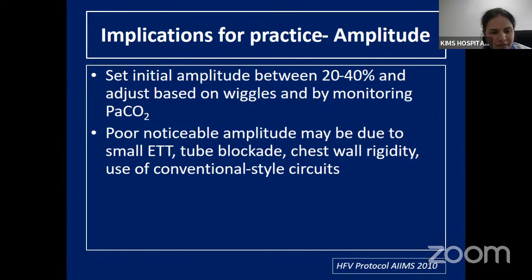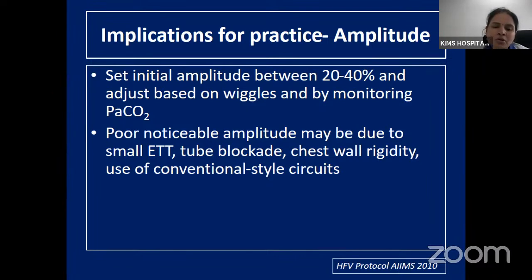Now, despite setting the right amplitude, we may sometimes see poorly noticeable wiggles, and this can be due to other technical aspects like a small diameter of the endotracheal tube or a large length of the ET tube because of an uncut endotracheal tube, and this can increase the airway resistance.